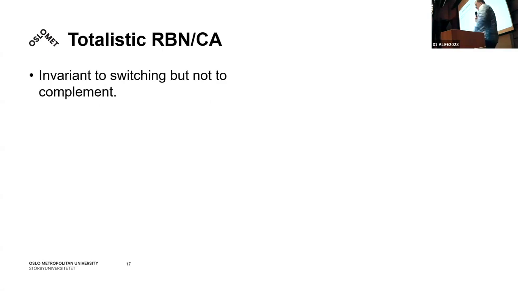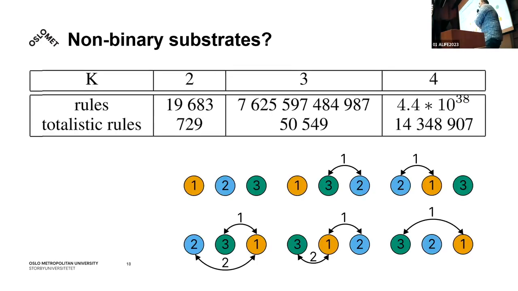So this is a quick fire round, I guess, where I'm just going to talk about many different concepts. What about totalistic RBNs and Cellular Automata? Well, the switching and reflection doesn't make any sense here anymore, because if you're totalistic, that means you're just essentially counting your neighbors. But the complement's still relevant there, but no one ever seems to use it. What about non-binary substrates? Can we think a little bit about that? Yes.